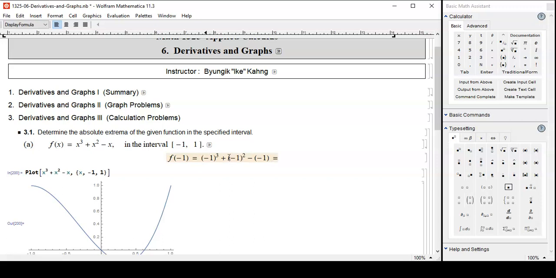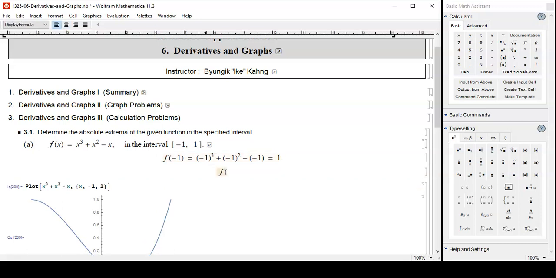This is -1, +1, negative, that's +1. What about f of just 1? That's going to be even easier. 1 cubed plus 1 squared minus 1. So that is 1.